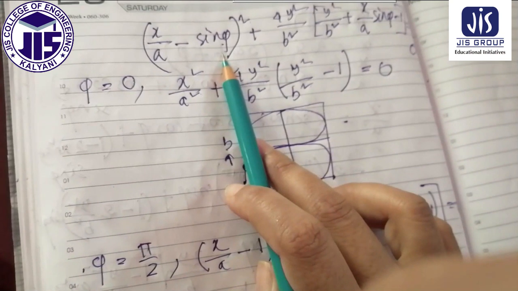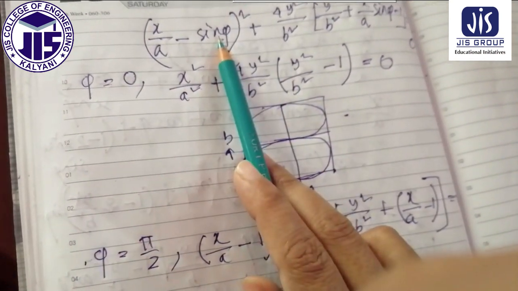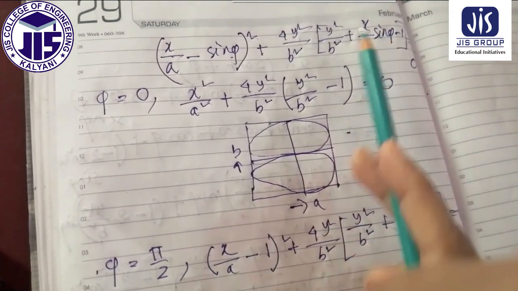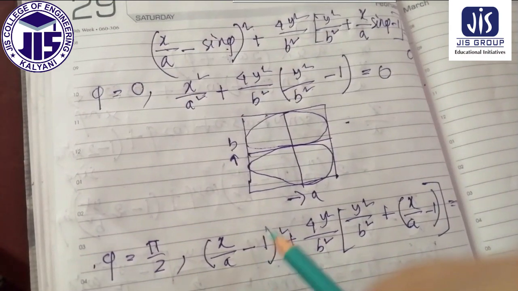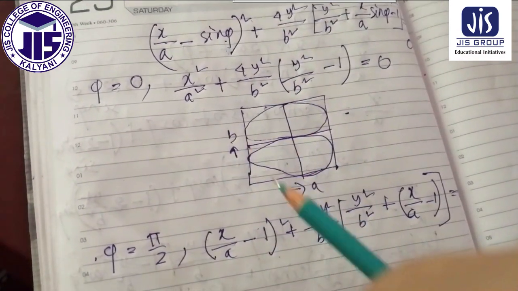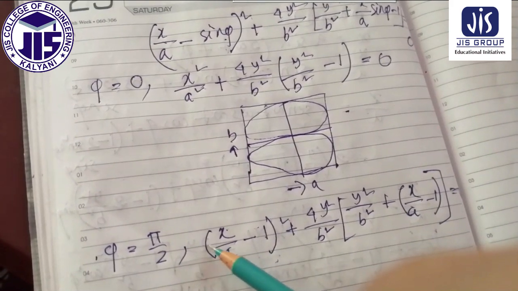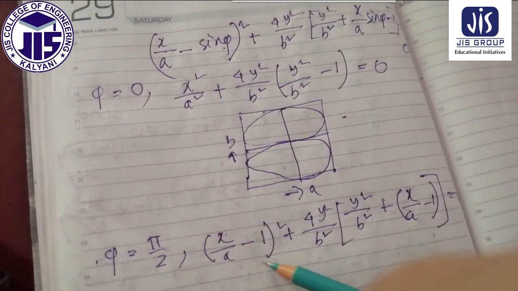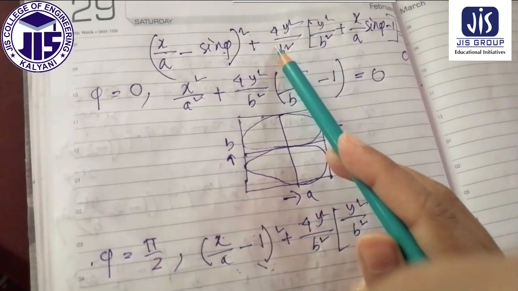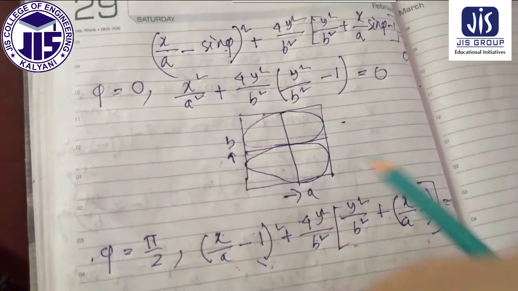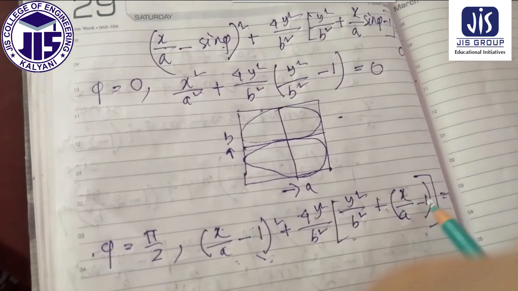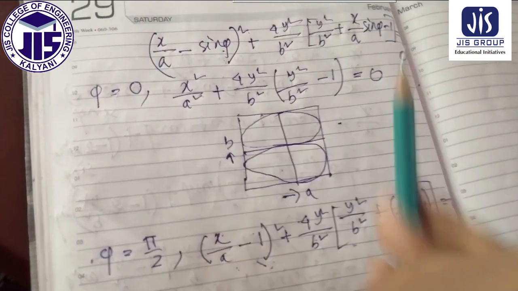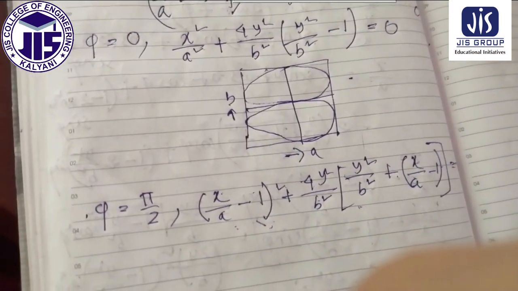Phi equal to pi by 2 means this term will be gone, and also phi equal to pi by 2 means x1. So therefore finally we can write from this equation like this: x²/a² − 2x/a, so (x/a − 1)² plus, very simple, 4y²/b² into (y²/b² + x/a − 1), because x/a into 1 is equal to 1.